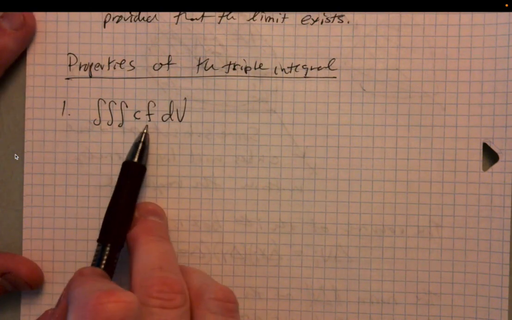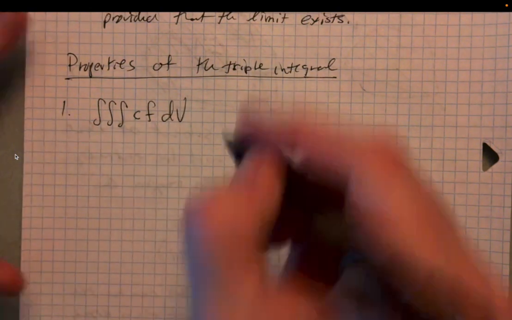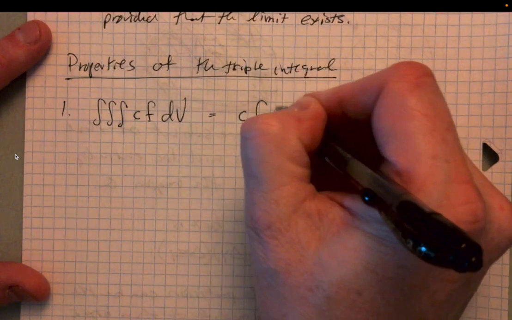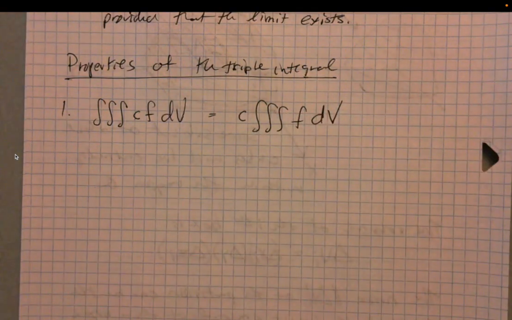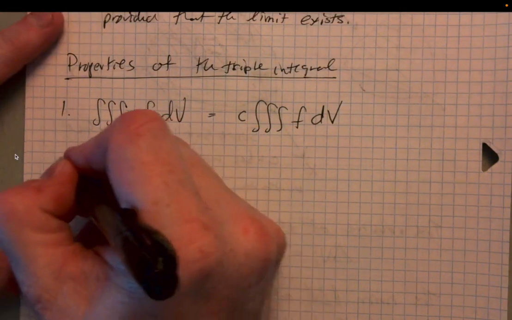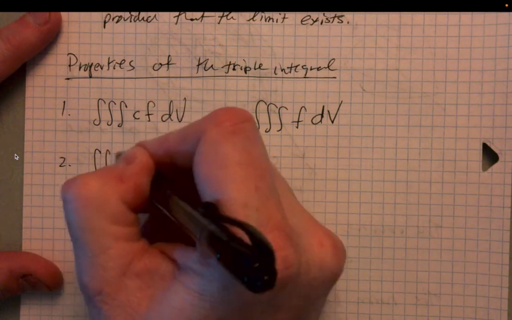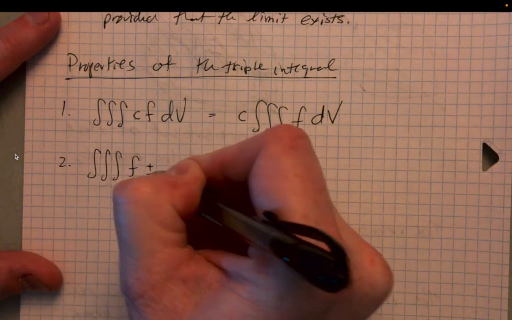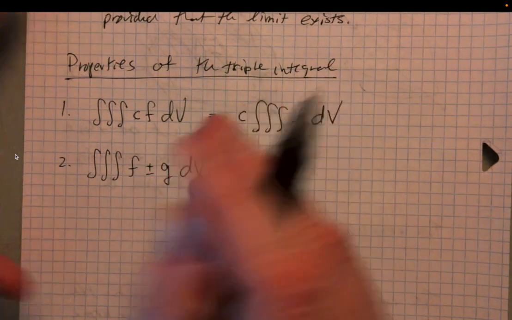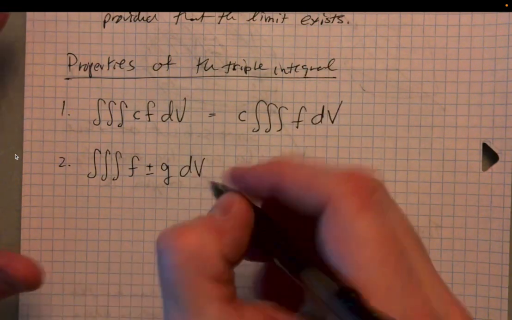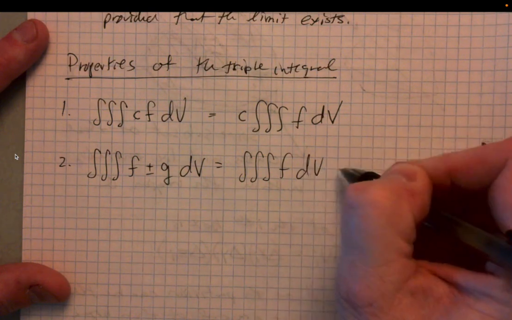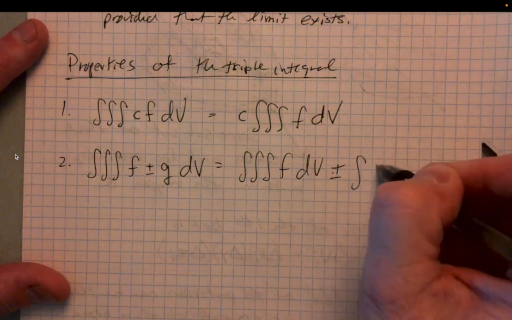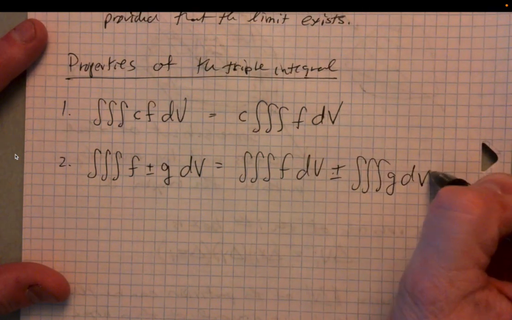So this is a real number, this is a function of 3 variables, and this is the integral. Then you can pull the constant outside of the integral, right? As you would imagine. Plus or minus, sums and differences work as expected. So if I've got two functions like so, then I can break that integral up into two separate integrals like so.